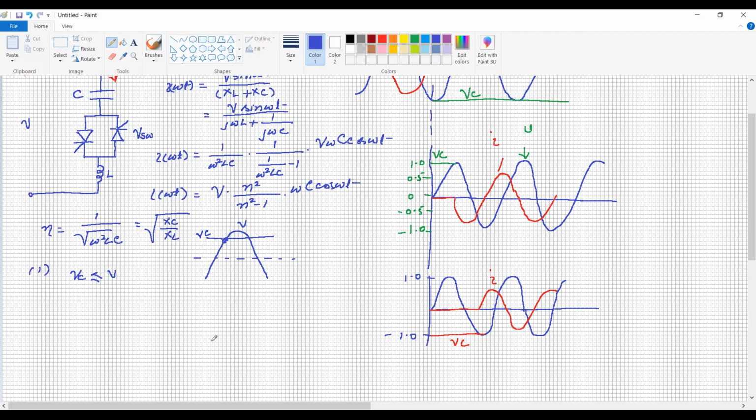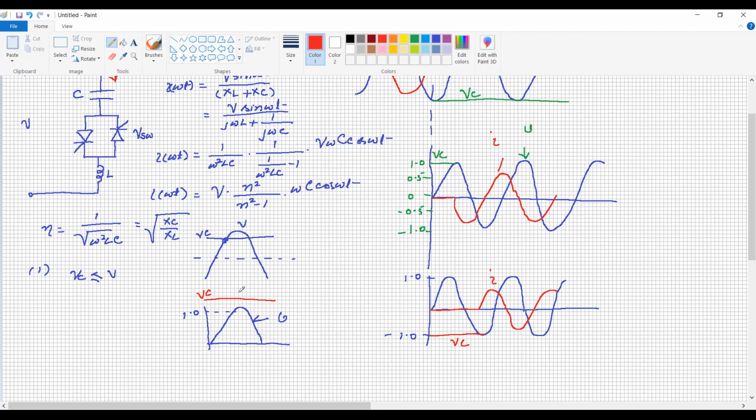Second condition. Say this is the system voltage waveform. This is the maximum value, equal to 1 pu. Now, this is the charged capacitor voltage VC.